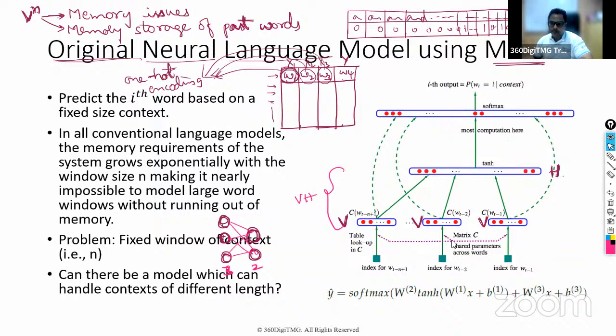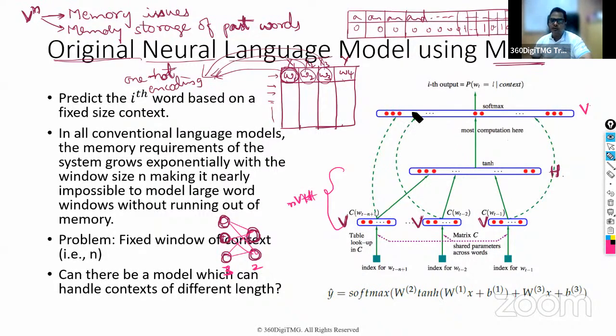Okay, and if you have n number of words, for example, if you have n instead of 3, if you have n words, then this will become n into VH. So those many weights will be there here. In the final layer, you'll have the size of the vocabulary. Means if you have 172,000 words in English, you'll have 172,000 neurons.